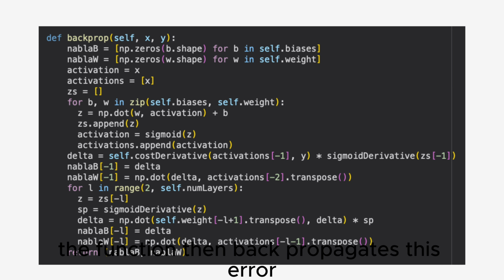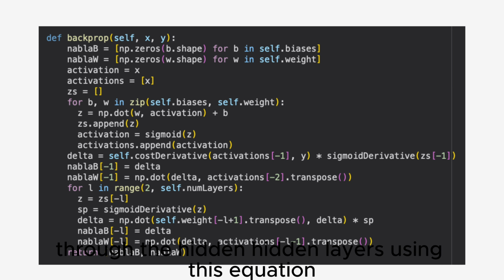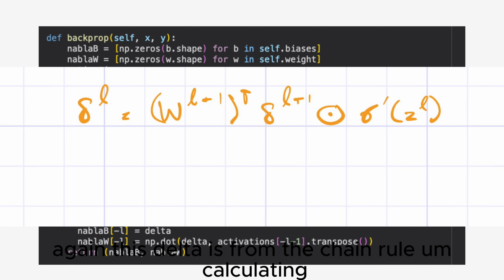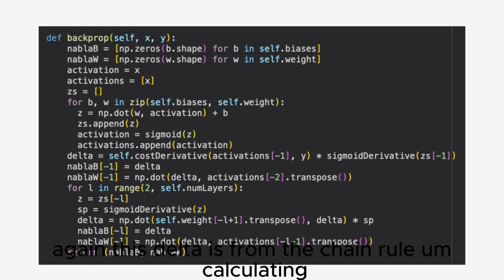The function then backpropagates this error through the hidden layers using this equation, which is delta of the previous layer equals the next layer's weights multiplied with the next layer's delta, element-wise multiplied with the sigmoid prime function, which is, again, from the chain rule.